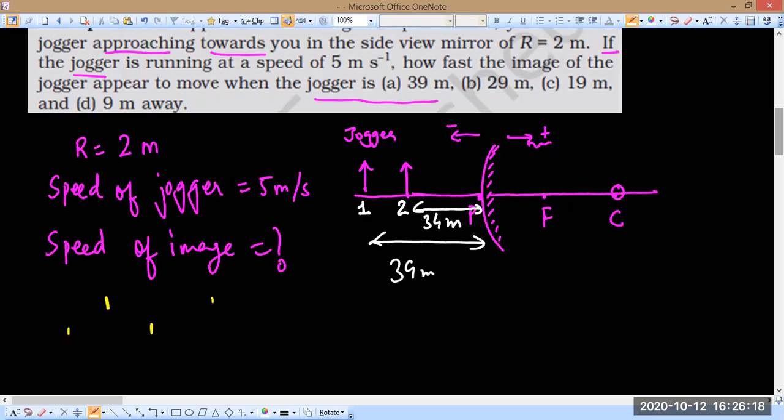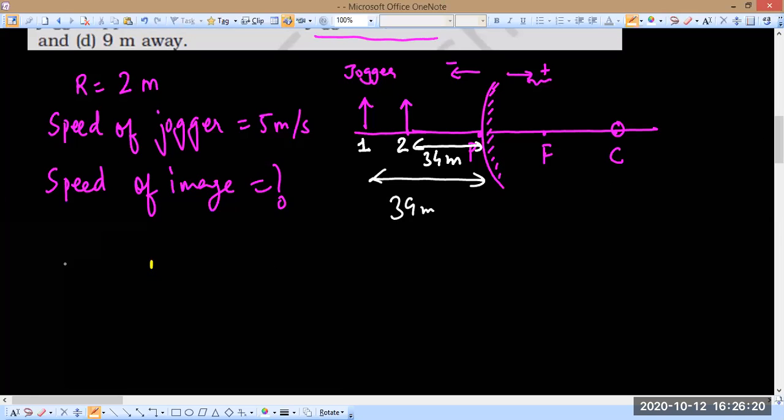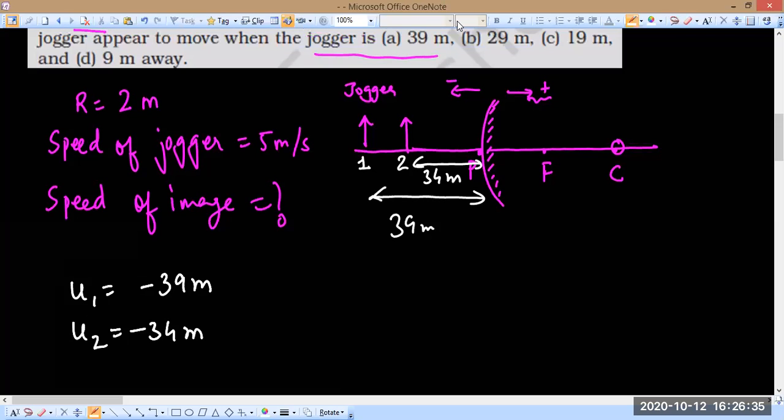Okay, so we got u1 and u2's value, right? Is this fine or not? See, this is after 1 second, right?